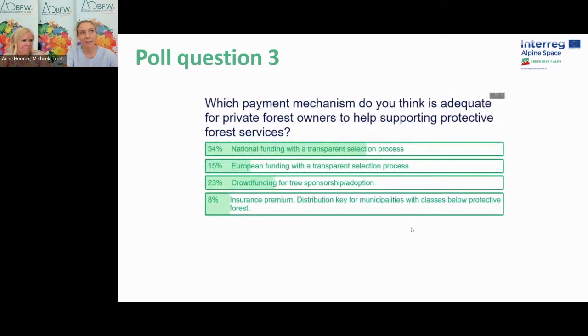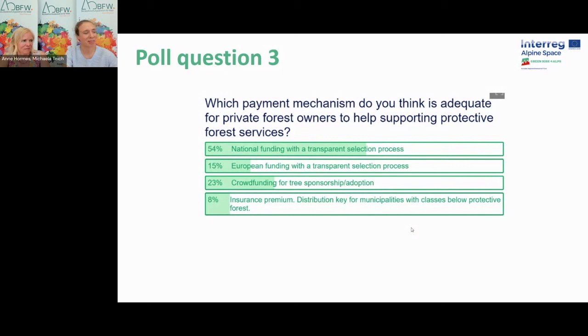And lastly, which payment mechanism do you think is adequate for private forest owners to help support protective forests? Here, national funding with a very transparent selection process is what people seek.